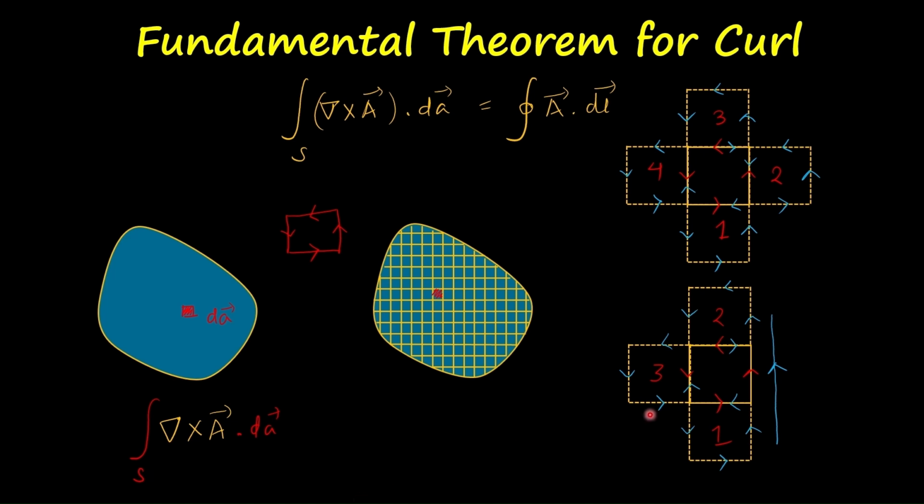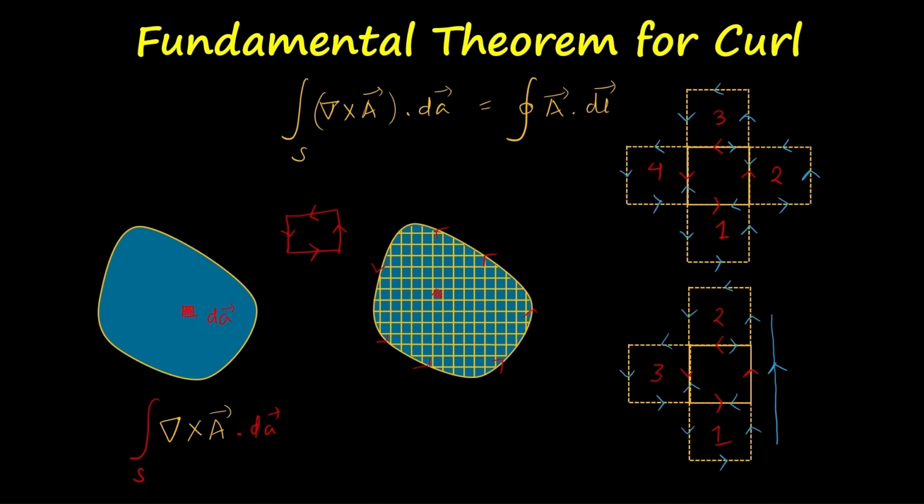So what can we say from here? When I divide the surface into small area elements, the circulation of the A vector for the area elements which are inside will get cancelled out, but the ones on the boundaries will remain. So only the boundary terms will survive.